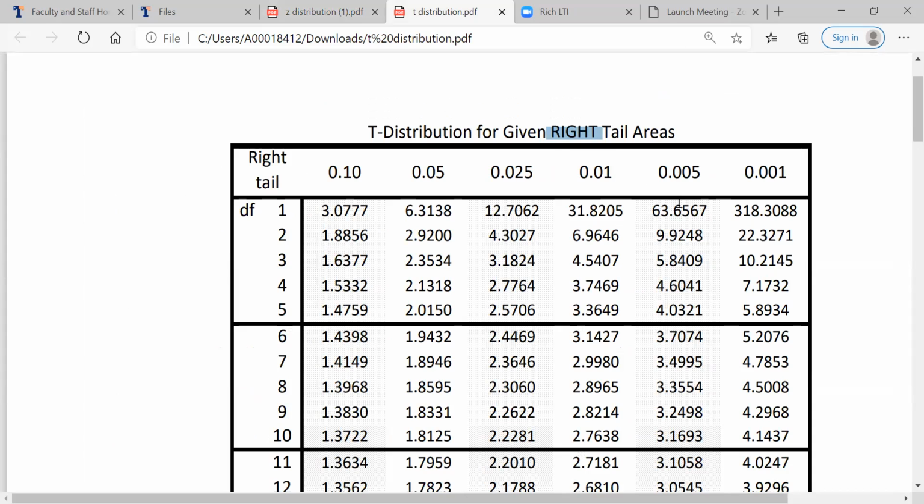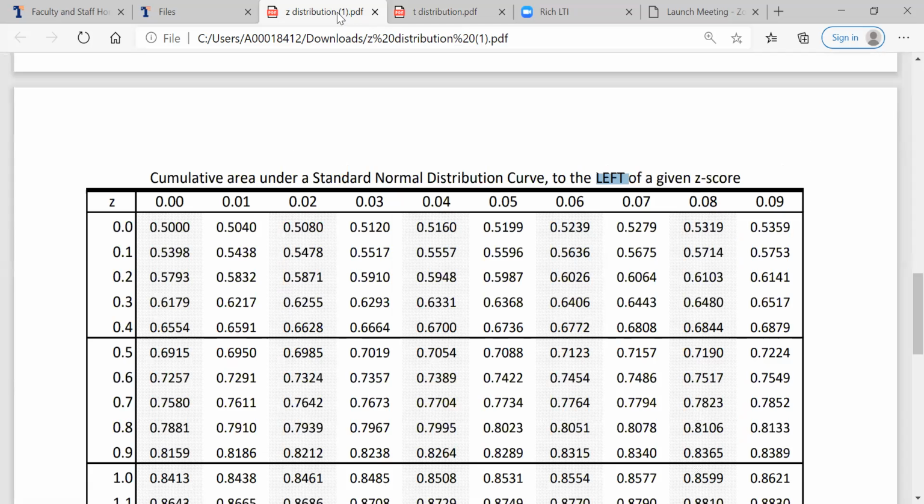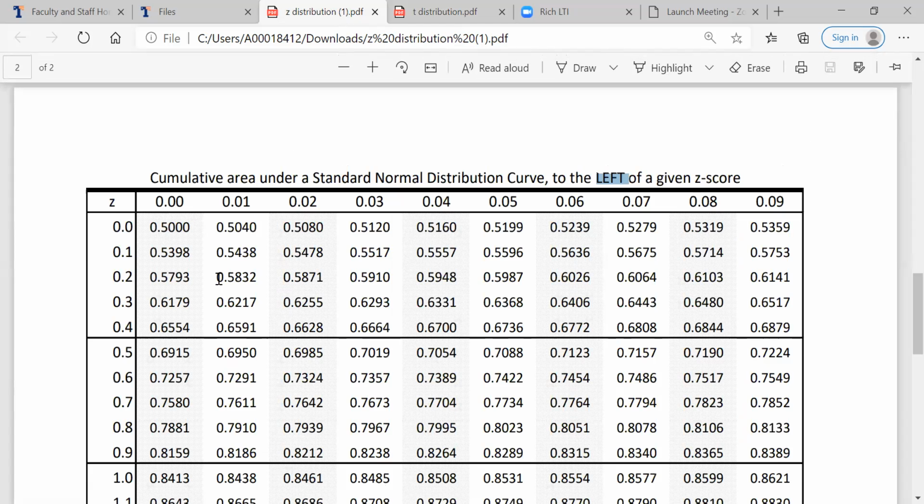Key difference number 2. Notice that this top row, 6 numbers, represent the right tail, and more specifically, the area in the right tail. In the z-chart, the areas are all these numbers in the middle. All these numbers represent areas to the left of a z-score.